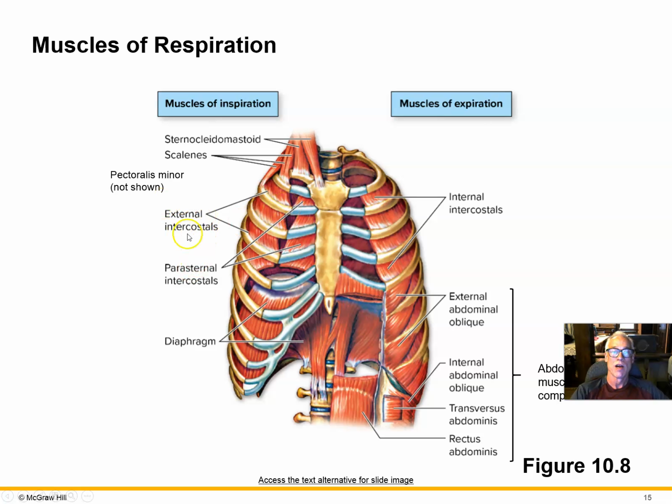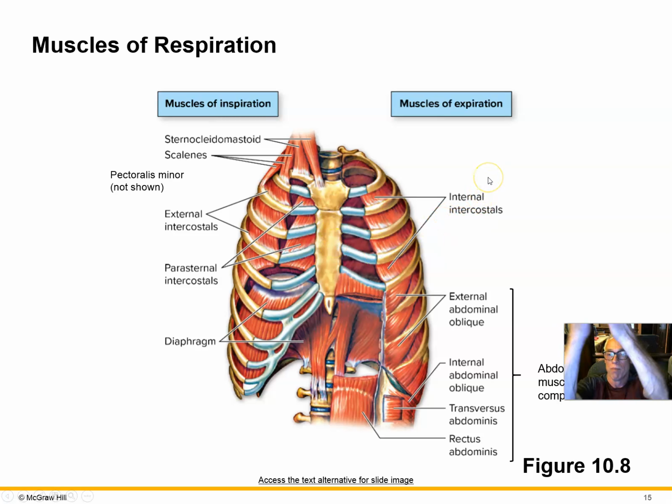We're also going to contract the external intercostal muscles to lift the rib cage, contract the pectoralis minor muscles to lift the rib cage. If you look in your textbook, it shows the pectoralis minor muscles right here in the anterior. We're going to contract the scalenes and the sternocleidomastoid muscles, shown here, of the neck that are attached to the bony thorax and lift. And that's how we increase the volume to inspire air.